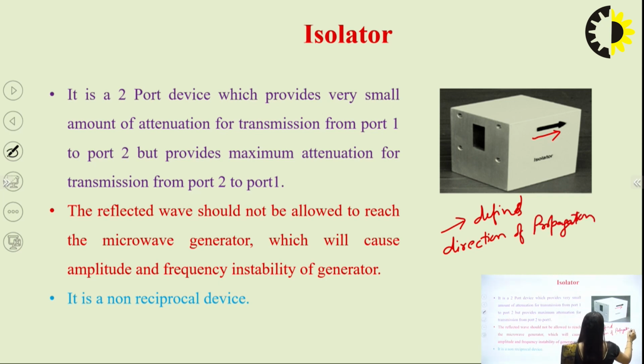So it means the wave will travel from here to here. This arrow will show the direction of the propagation. And the isolator is a two-port device. This is your port number 1, and on this side there is port number 2, right?